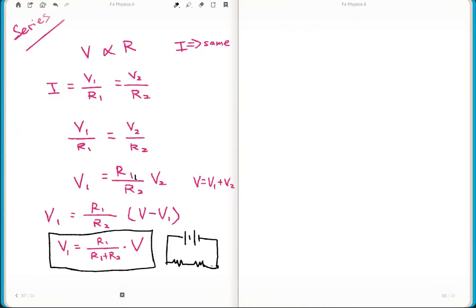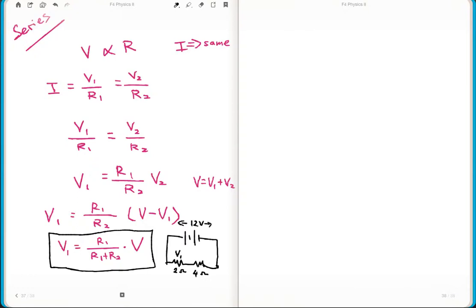I think it's easier to give some value. Let's talk about 12 volt. What you get across here is 12 volt. Say for example, here is 2 ohm, and here would be 4 ohm. So what would be your V1?